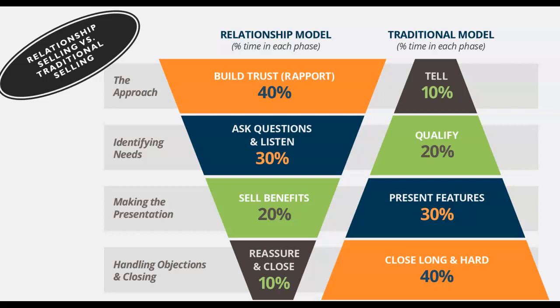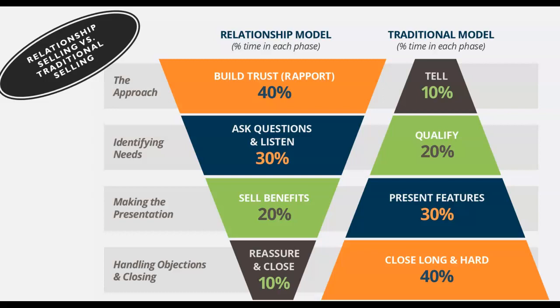Normally what happens in that area, and all these areas we're going to talk about in depth, is I am finding out about the customer. I'm laying the foundation for a relationship. It's very important to start with trust. So that's going to be about 40% of the time spent together.